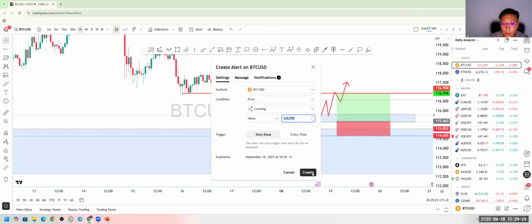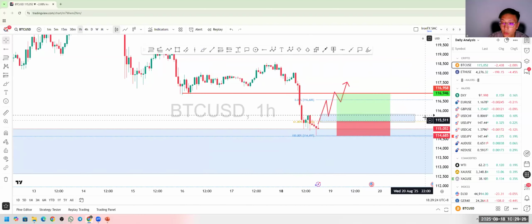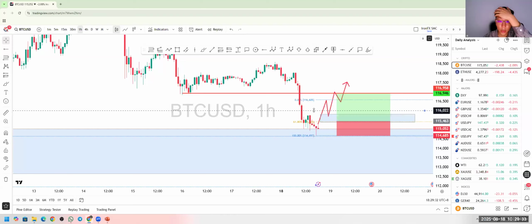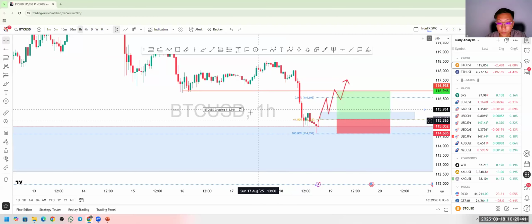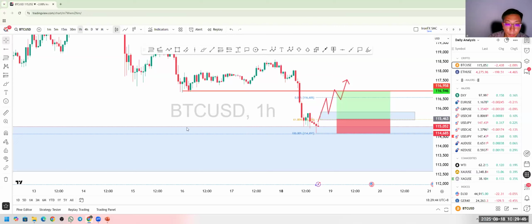Then it will show something like this. BTC crossing blah blah blah. So this is a level where you can just shift it up or down also, whichever you want. Okay. So this is what I am looking at.